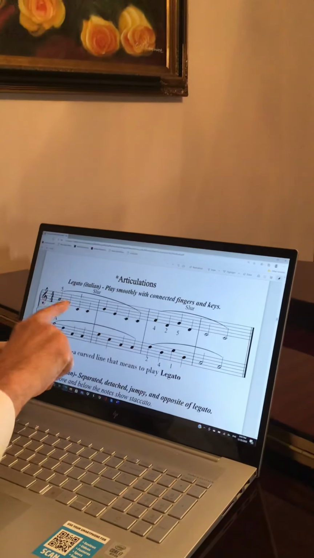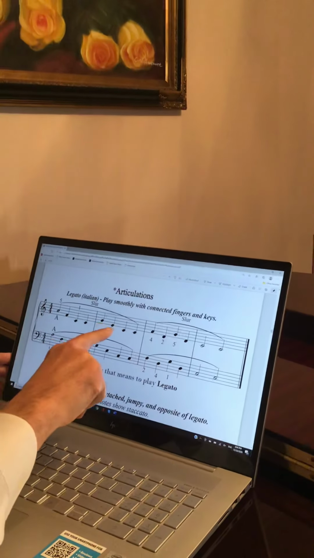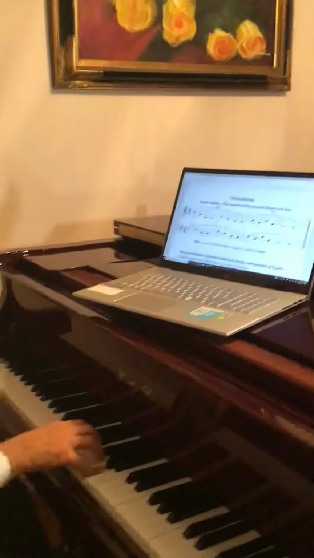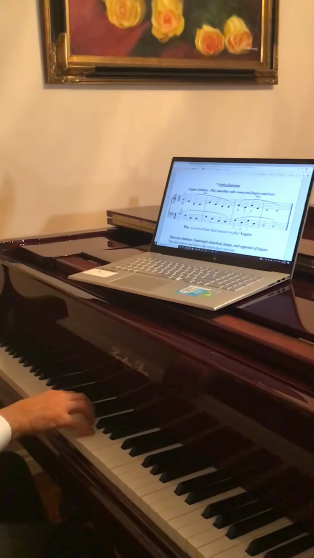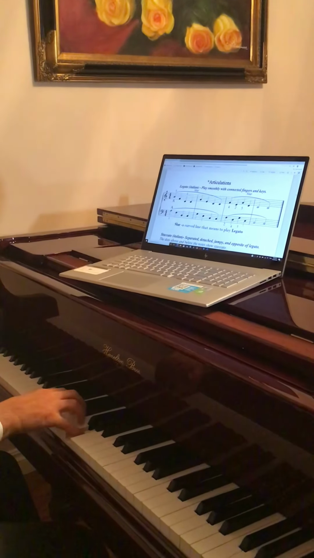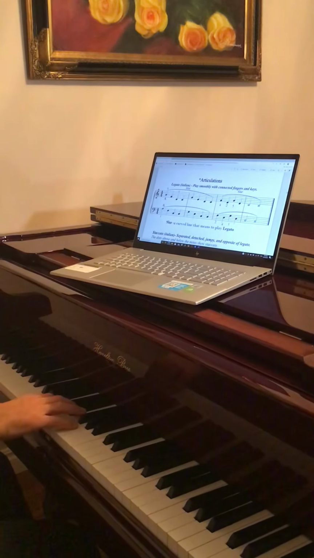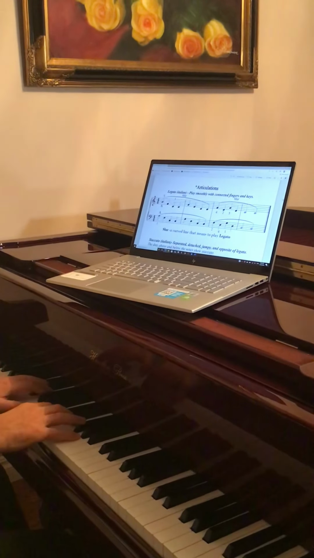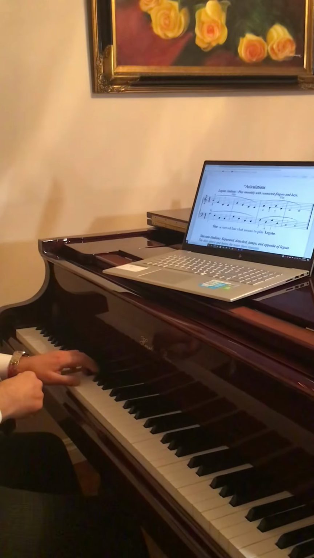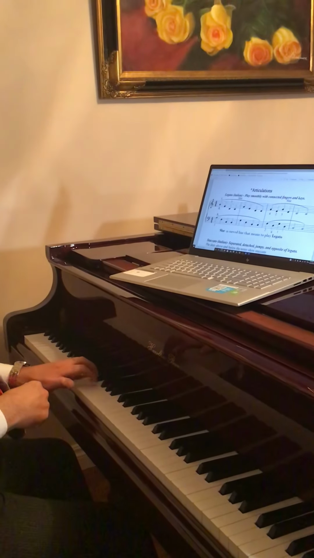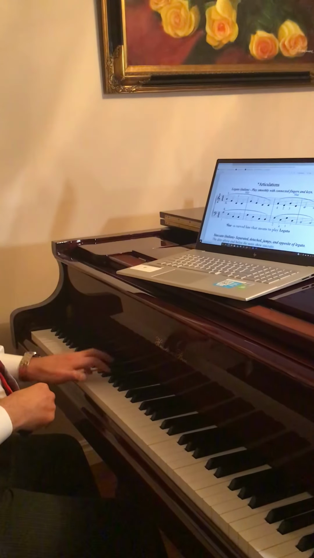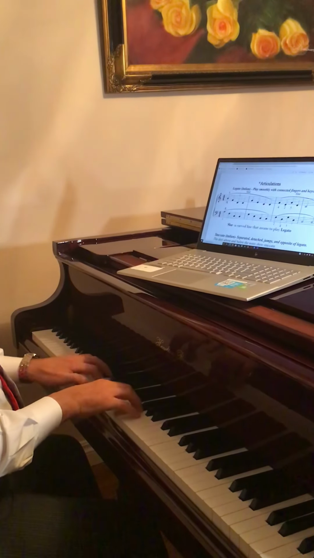That means that all notes are supposed to be played connected with each other, like that. With the left hand also, we'll play legato. Together it will sound like that.